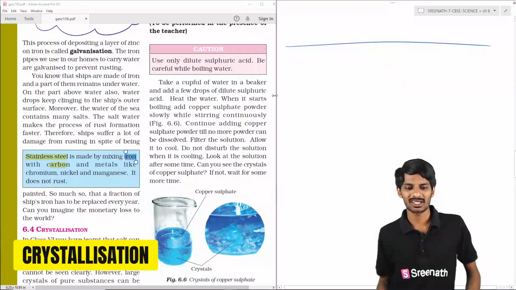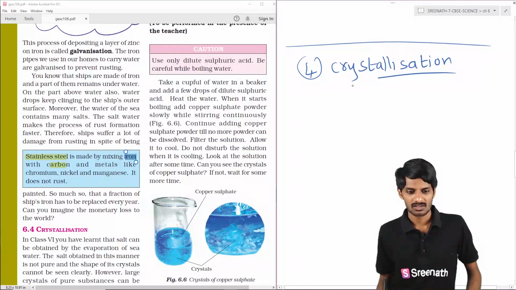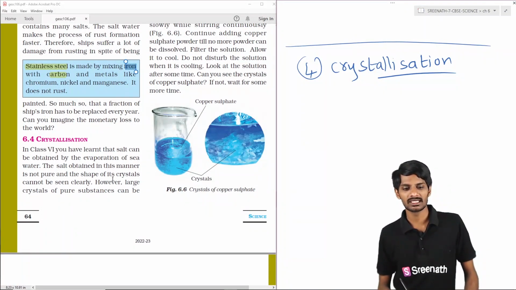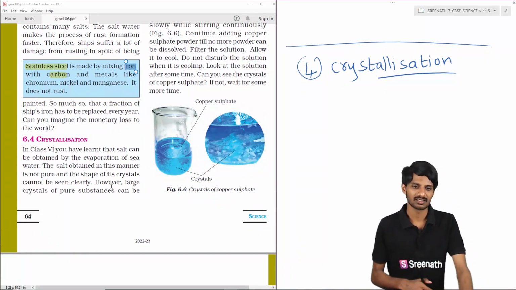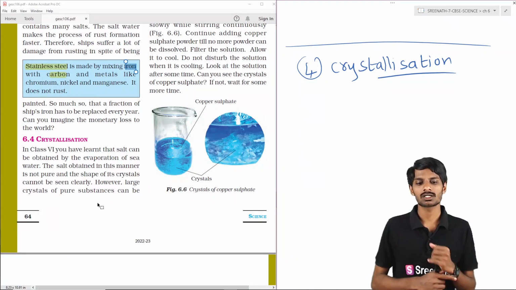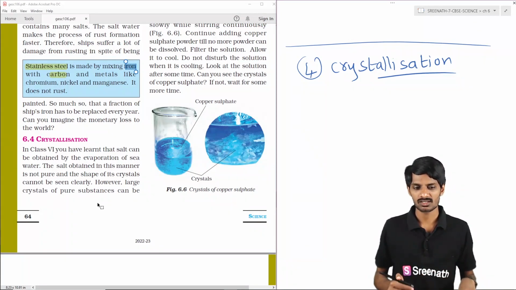The next topic is crystallization, students. In class 6 we learnt that salt is obtained by evaporation of water. But the salt obtained in that process is not pure and does not have the shape of crystals.